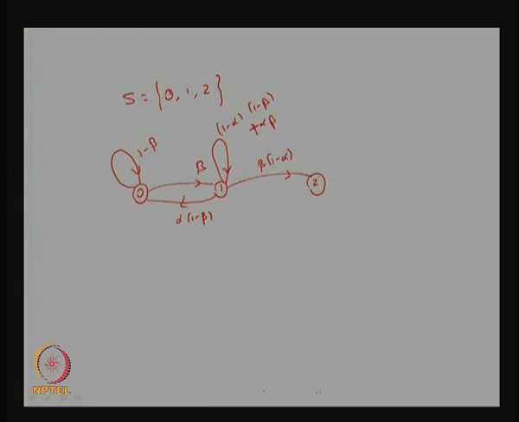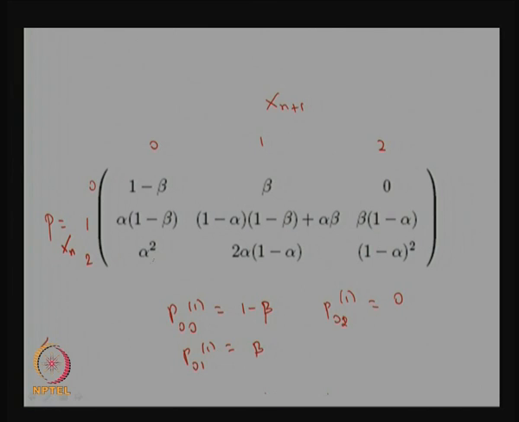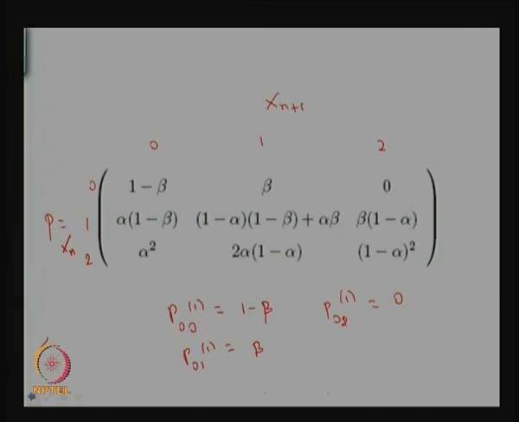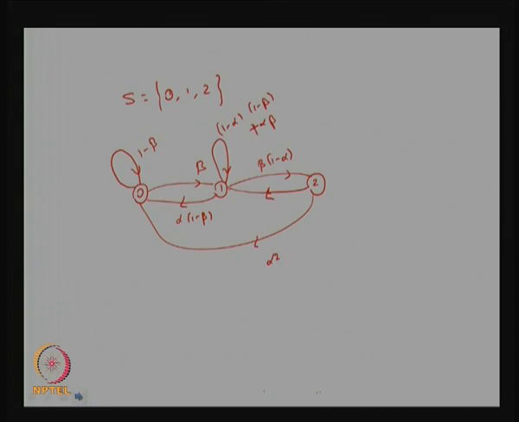Similarly, you can draw the arcs for 2 to 0, that is alpha square, and 2 to 1 is 2 alpha times 1 minus alpha, and 2 to 2 is 1 minus alpha whole square.